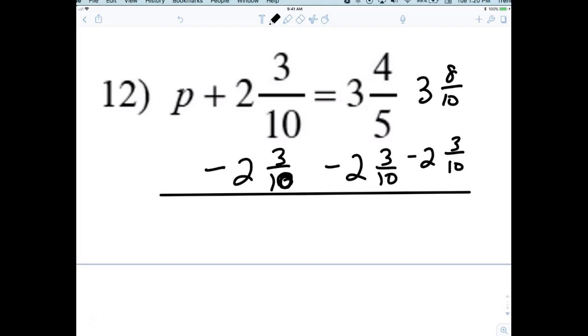When I do the subtraction, 3 minus 2 is 1, 8 minus 3 is 5, so 5/10. Of course we'd make it 1/2, so I would say 1 1/2.